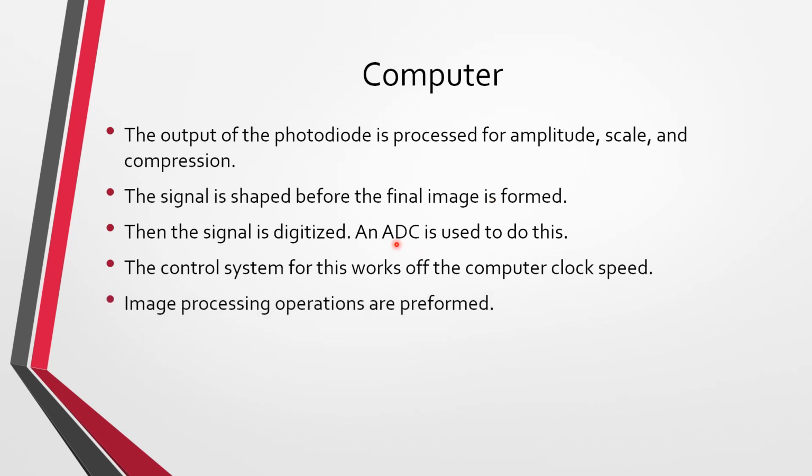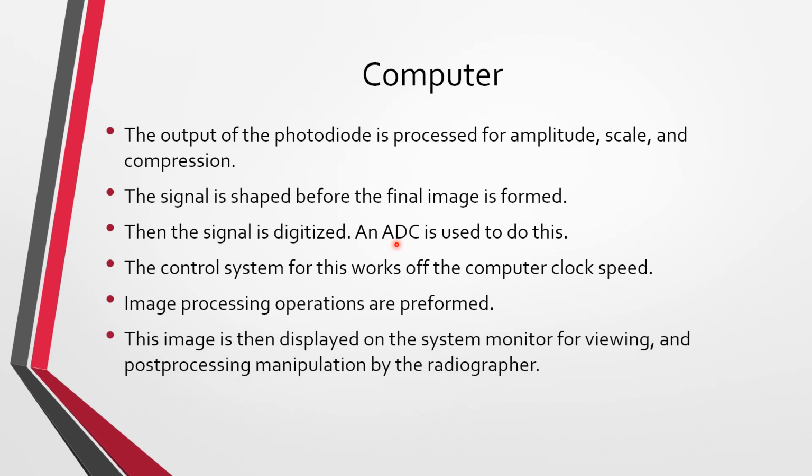Image processing operations are performed. Then this image is displayed on the system monitor for viewing and post-processing manipulation by the radiographer. And as we said, there's a lot to it, and later videos will go over these processes.